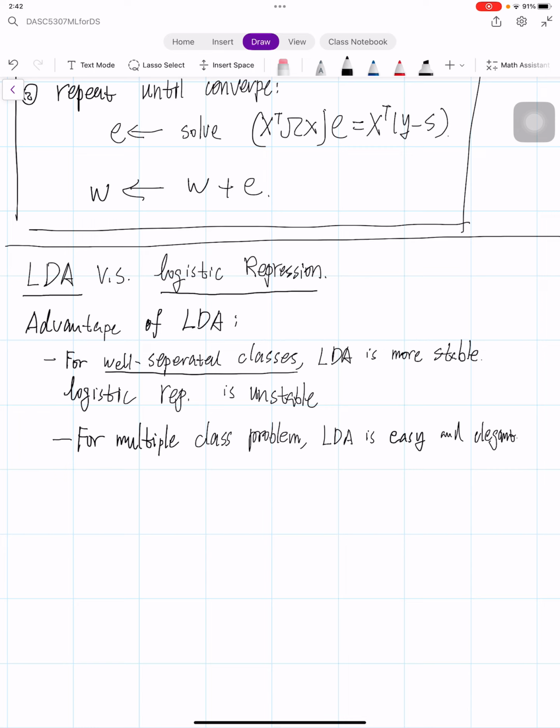On the other hand, logistic regression needs more work to generalize.